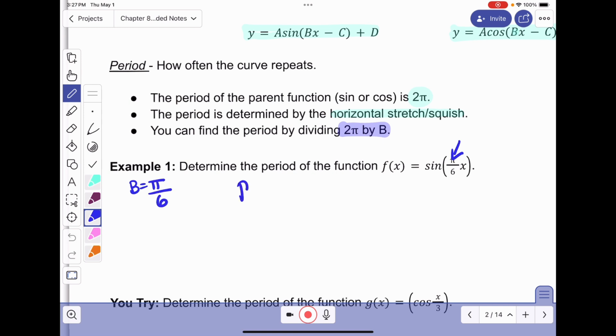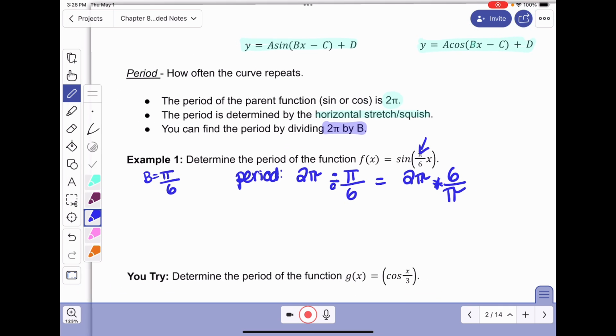To find the period, I'm going to do 2 pi, the original period, divided by pi over 6. When you divide fractions, you keep the first one, change it to a multiplication problem, and flip the second fraction. 2 pi times 6 is 12 pi. 1 times pi is pi.